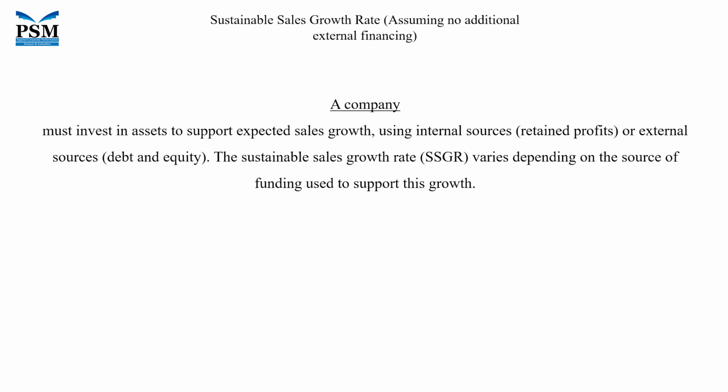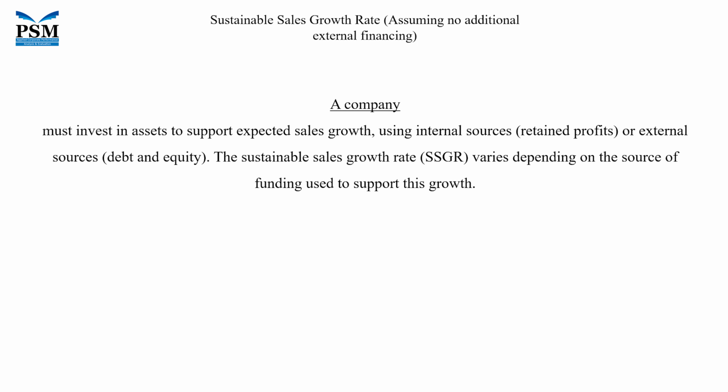The funding used by the company may come from its internal resources or from the financial market, external sources in the form of debt or equity. Sustainable sales growth rate varies depending on the source of the funding used to support this growth.